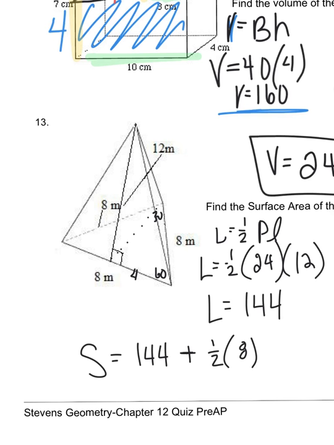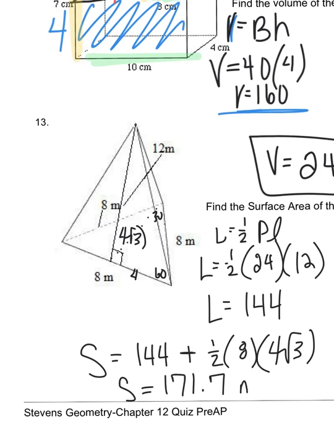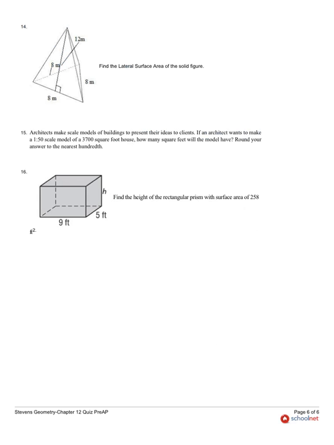So across from my 30 is 4, so across from my 60 is 4 square roots of 3. So my height is 4 square roots of 3. So my total surface area was 171.7 meters squared.